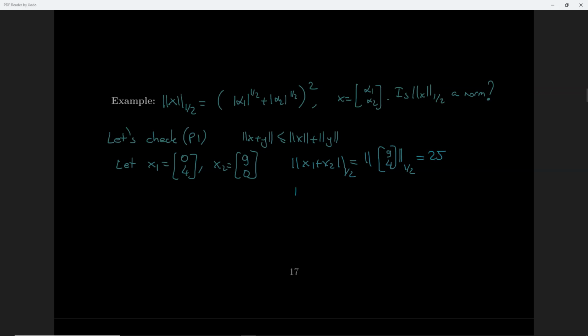But notice that with the same definition, norm of x1 is simply going to be itself, 4, right? You get the square root and then square, so it's going to be 4. And norm of x2 is equal to 9. As you see, the norm of x1 plus x2 is larger than the sum of individual norms.